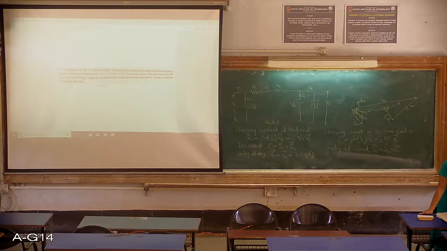If the line delivers 50 megawatt at 110 kV and 0.8 power factor lag, determine the sending end voltage and current. Assume a nominal pi circuit for the line.